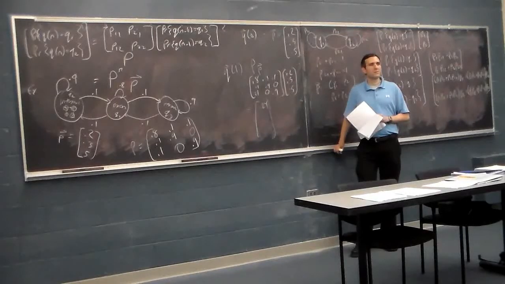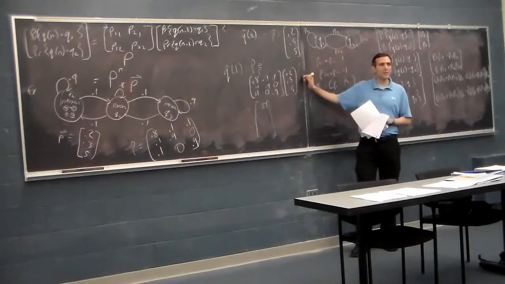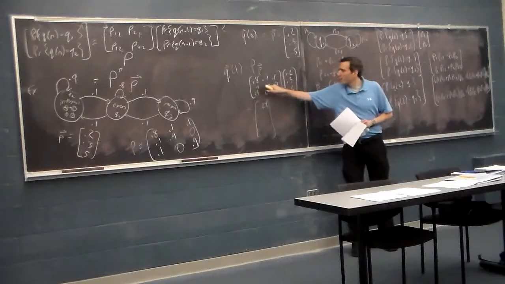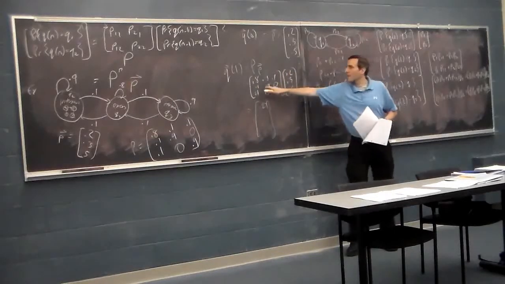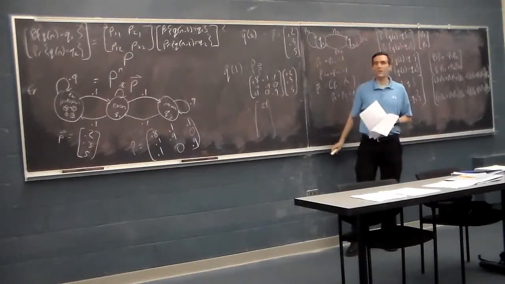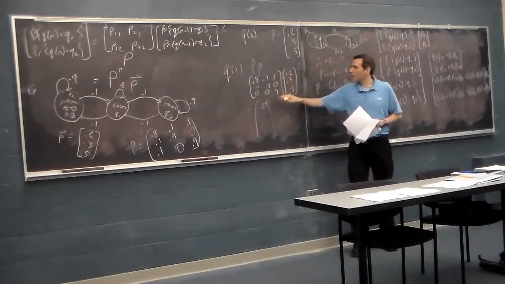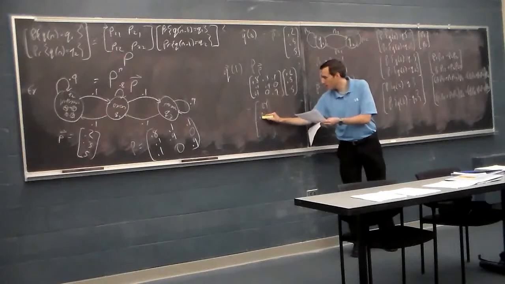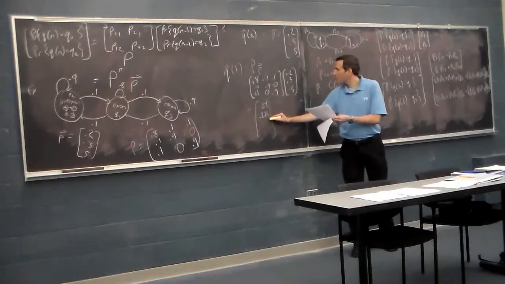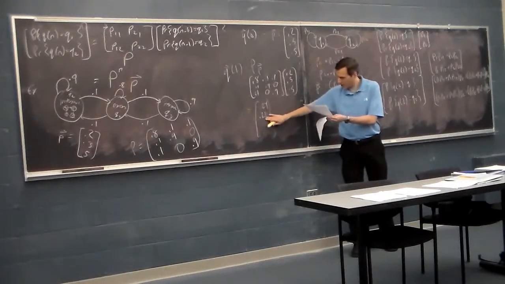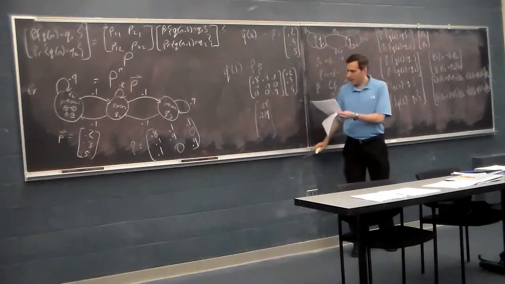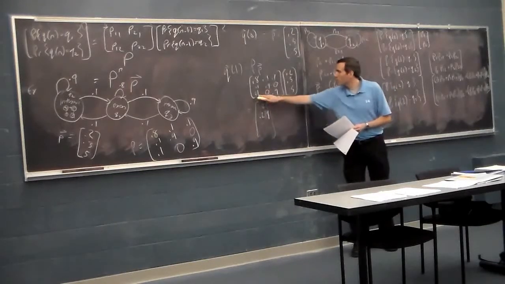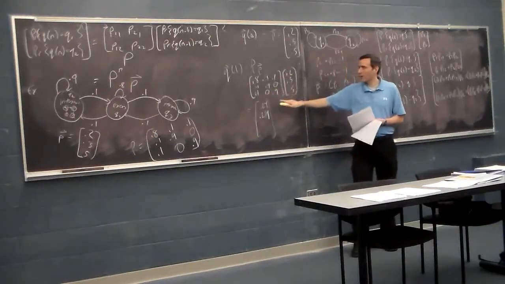So, we need to take the dot product of the second row of this with this vector here. So 0.1 times 0.2 plus 0.9 times 0.3. That's going to give us 0.29. And then the last one would be 0.1 times 0.2 plus 0 times 0.3.